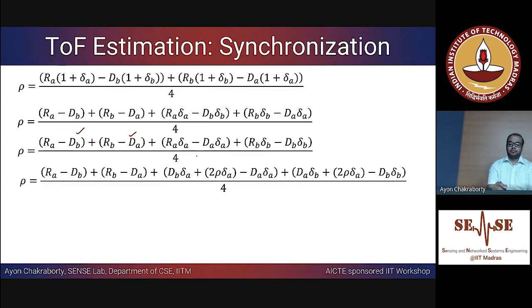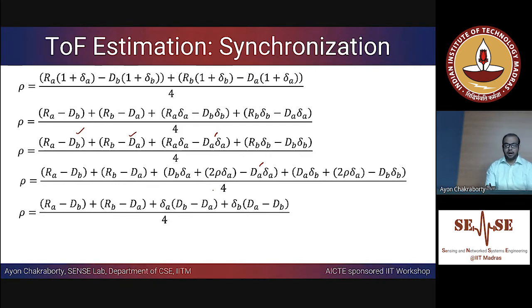Similar to the previous time, I have expanded RA delta A minus DA delta A this way. So DA delta remains the same, RA delta is basically DB delta A plus twice rho delta. You can simply look at the picture and easily figure out how this expansion takes place.